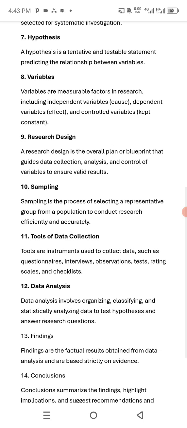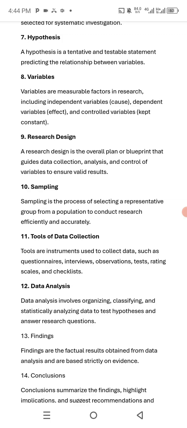Now, what is sampling? Sampling is the process of selecting a representative group from a population to conduct research, right?